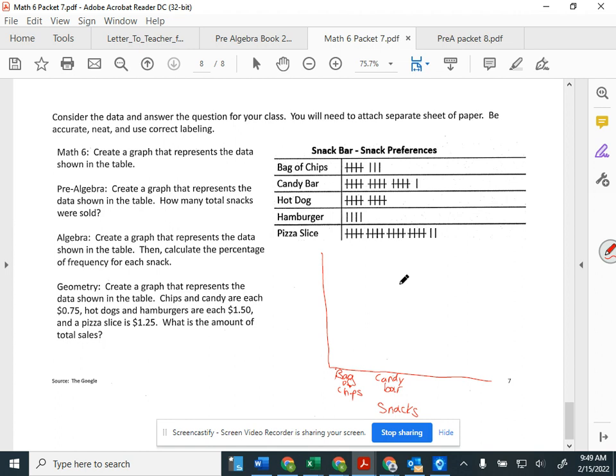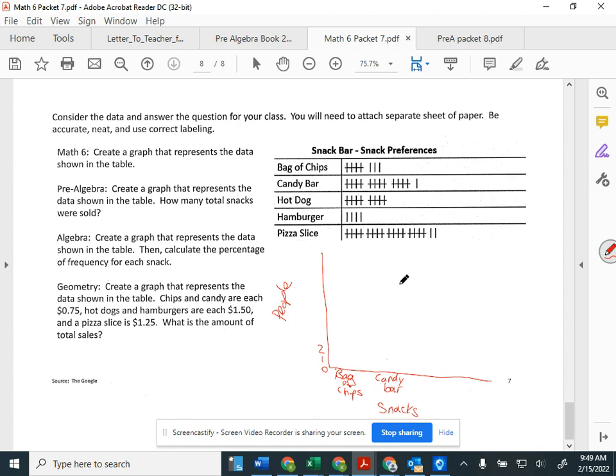Going up the left would be preferences or people. How many people prefer the bag of chips? How many people prefer the candy bar? So we're going to want to put our numbers going up the side. 0, 1, 2, and so on.